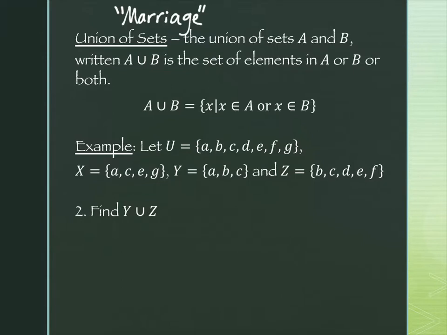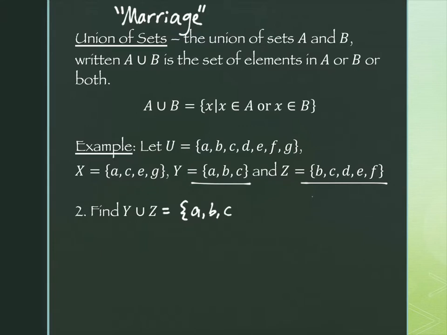So when we're looking at these same sets that we had before, and we look at Y union Z now, so here's Y and here's Z, we're going to list everything in either set, but we don't list things twice. So if they both have B, we're not going to list B twice. We're just going to list it once. You can go in any order. The order is irrelevant to what's going on. So if you want to just list everything in Y first, A, B, C, and then move over to Z and continue on with what you haven't already listed.